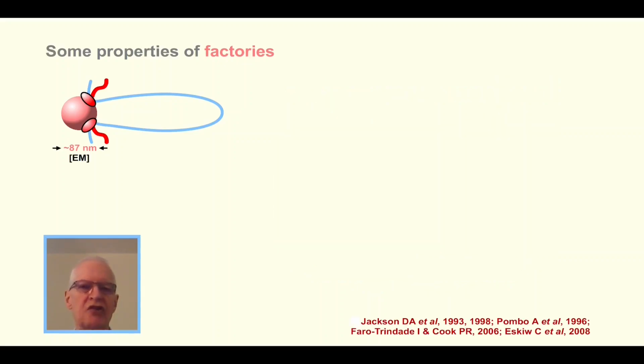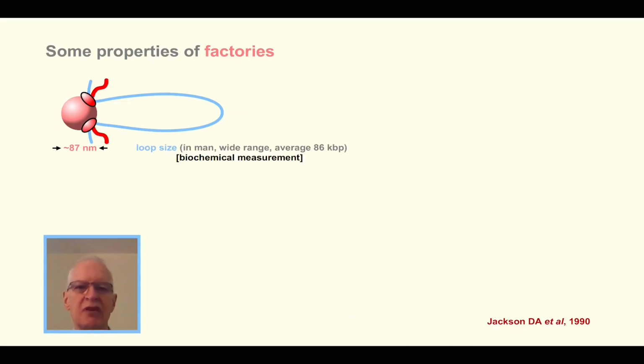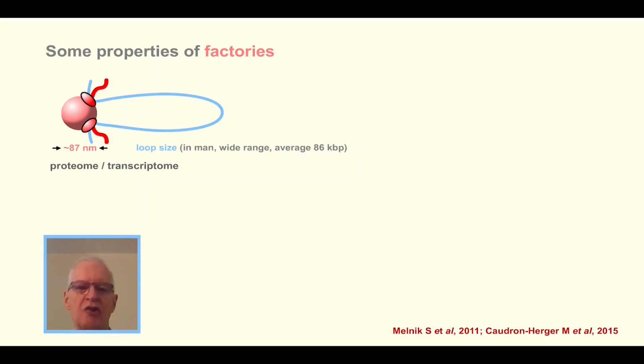In the electron microscope, we measured their diameters. Biochemically, we measured loops and found that they had a range of different sizes. We partially purified them and found that their proteins and nascent RNAs were the expected ones.